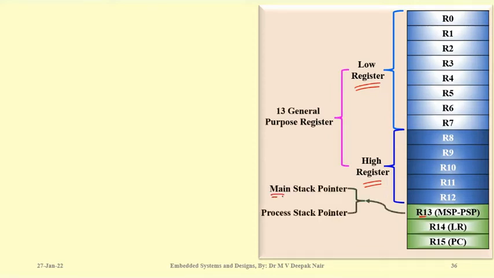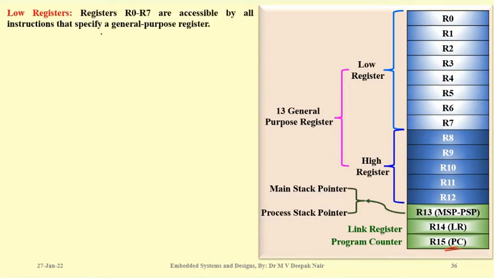It can be divided into 2 parts, main stack pointer and process stack pointer. We will check all these features. Then R14 is your link register and R15 is your program counter. The program counter will point to the memory location where the program is currently being executed, or the instruction is being executed.